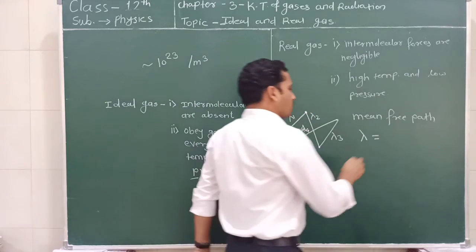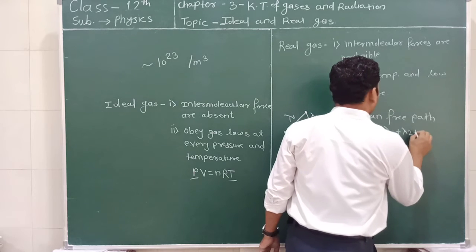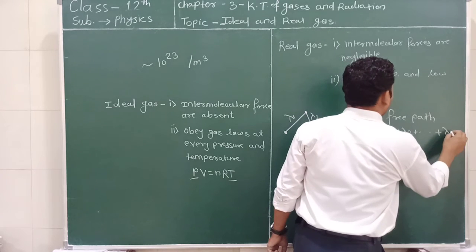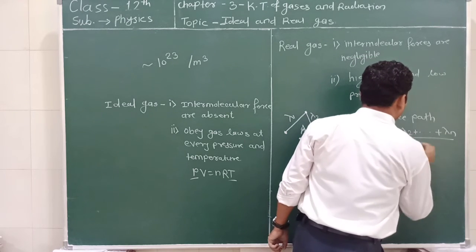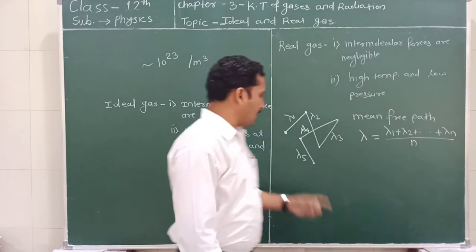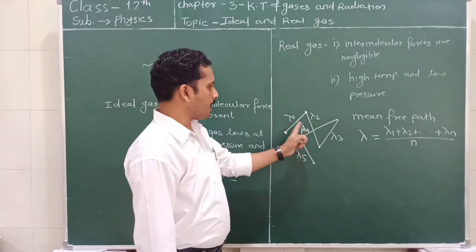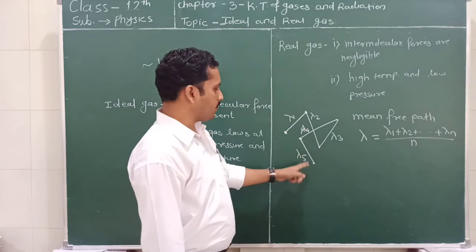What is lambda equal to? This lambda is equal to lambda 1 plus lambda 2 plus up to lambda n, divided by the number of collisions, n. Here we are considering there are 5 collisions, lambda 1, lambda 2, lambda 3, lambda 4 and lambda 5.